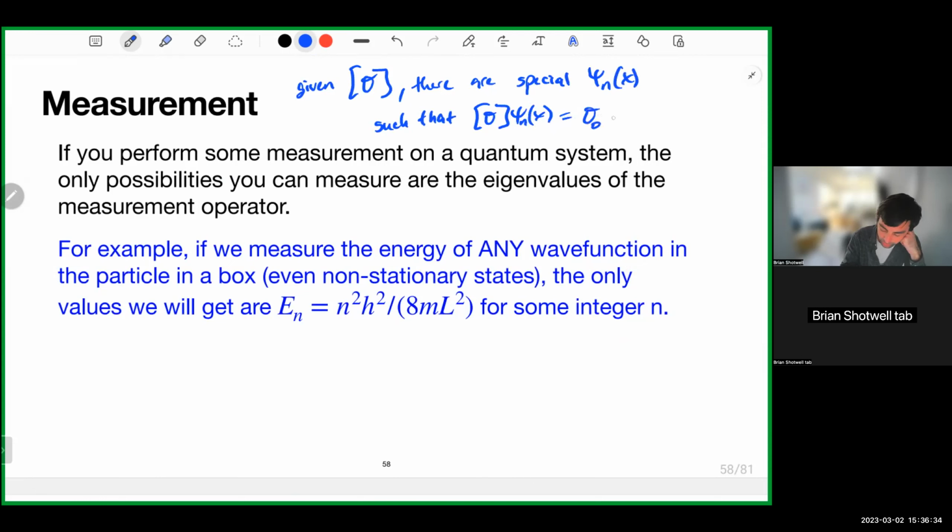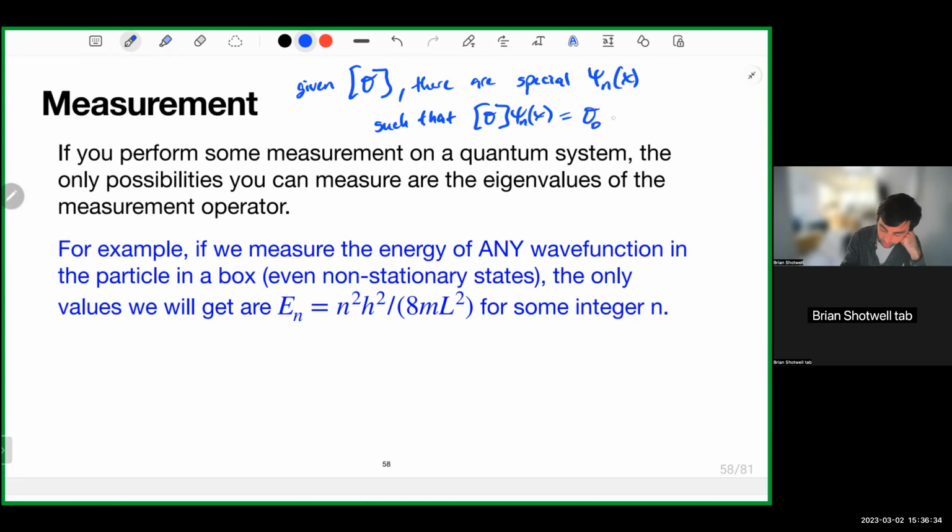So, for example, if we measure the energy of any wave function in the particle in a box, now our measurement operator is the Hamiltonian. If we look at this equation, we consider our observable to be the Hamiltonian operator, and then the eigenvalues, the thing underlined in red, would be the energies of the states.